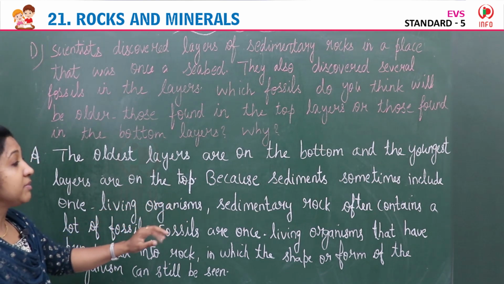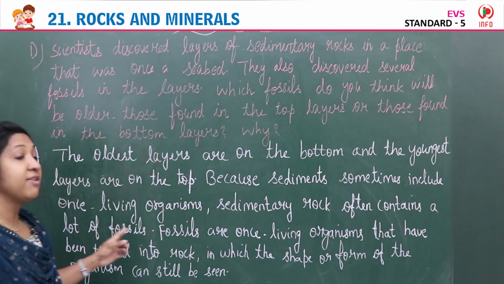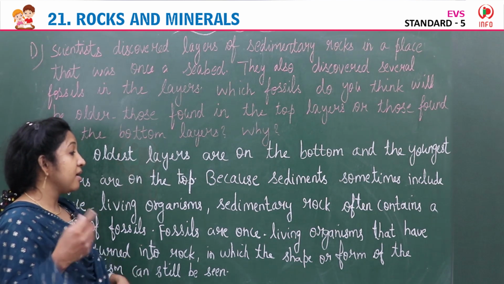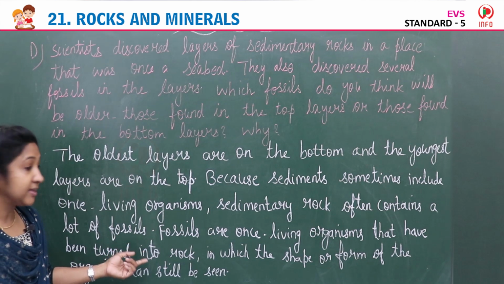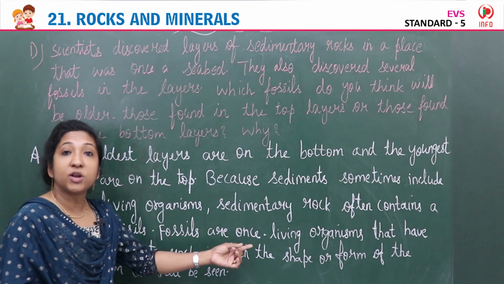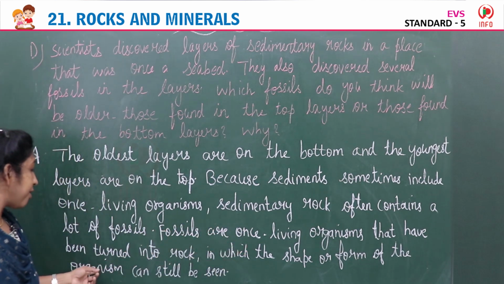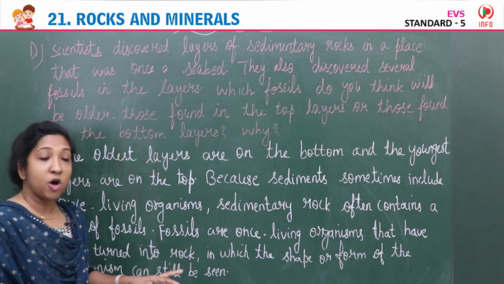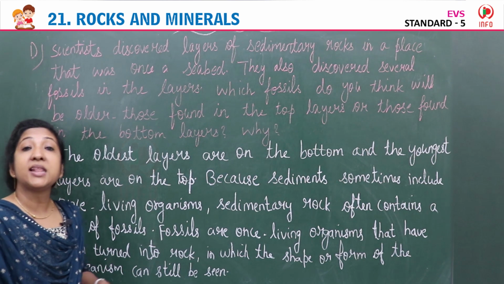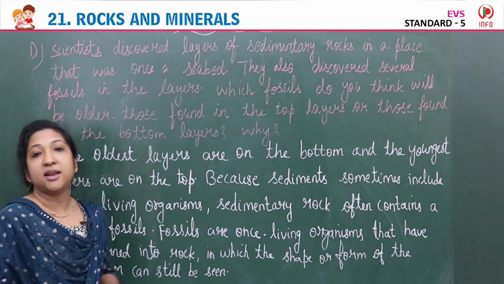Because sediments sometimes include once living organisms. Sedimentary rocks often contain a lot of fossils. Fossils are once living organisms that have been turned into rock, in which the shape or form of the organism can still be seen. Okay?